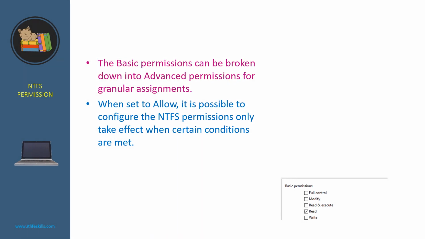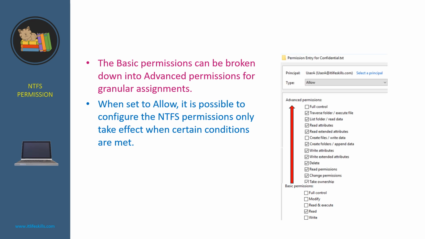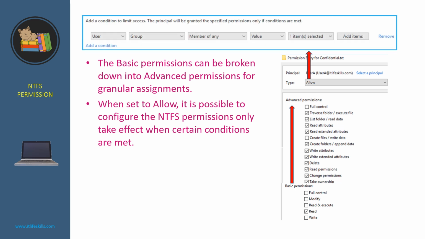The basic permissions can be broken down into advanced permissions for granular assignments. When set to allow, it is possible to configure the NTFS permissions to only take effect when certain conditions are met.